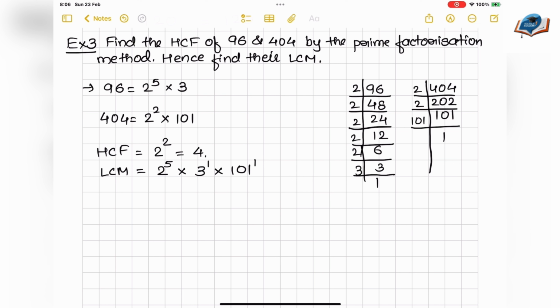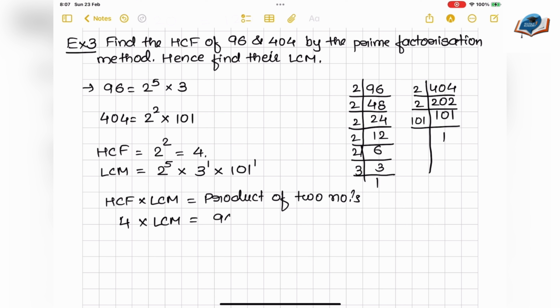Now if I want to prove it by the formula, HCF into LCM equals the product of two numbers, I can use that also. HCF of 96 and 404 came as 4, into LCM, which I don't know, equals the product of the two numbers, 96 into 404.